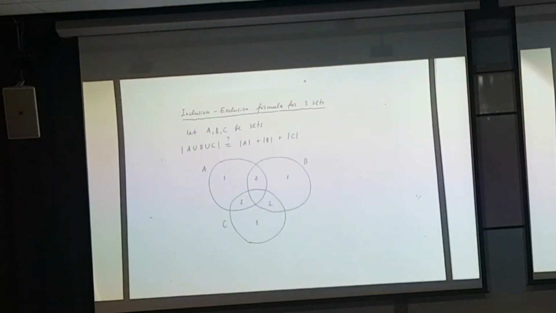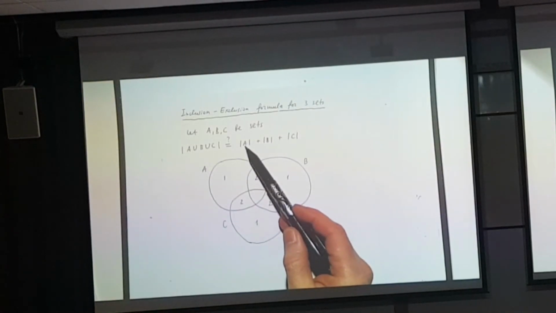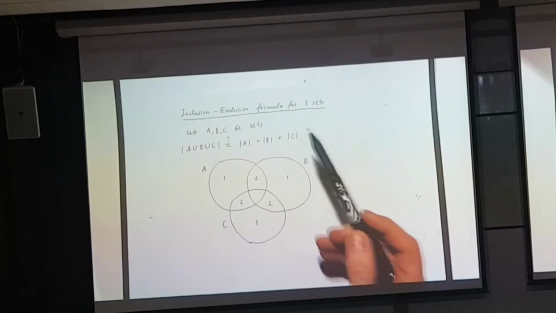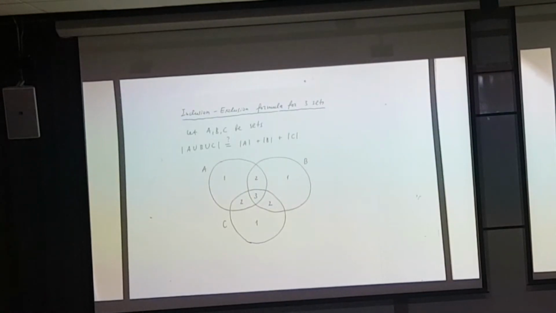And in the triple intersection, those elements will be present in the number of elements in A, in the second one, and in the third one, so they will be counted 3 times instead of just once.